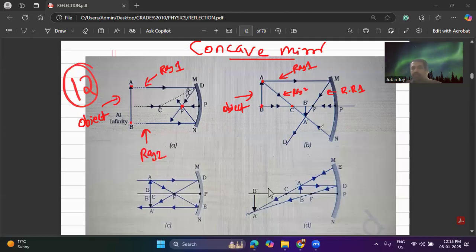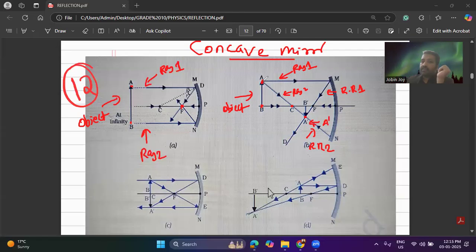As I already told you, if the light ray is passing through the center of curvature, it will be reflected back through the same path. So this line represents the reflected ray 2, and these two reflected rays will intersect here. So this is the image of A, that means A dash.